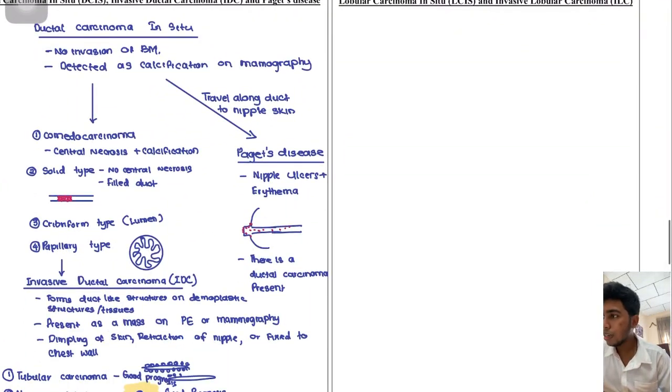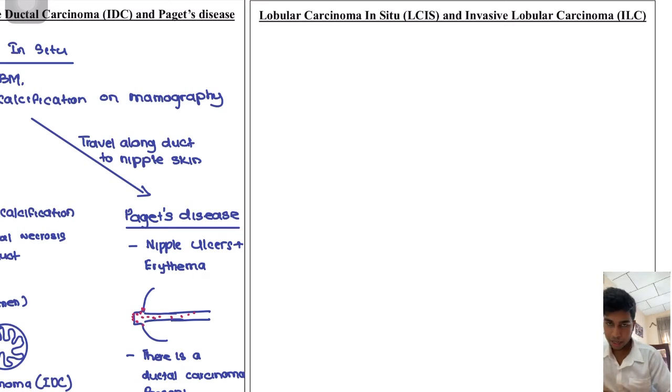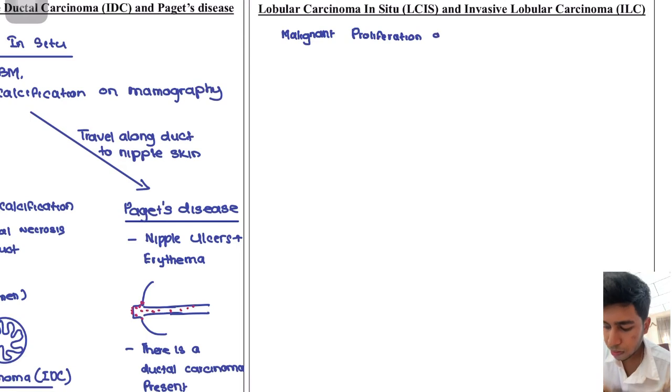Next, we have the lobular carcinomas: lobular carcinoma in situ and the invasive type. Now this is a malignant proliferation of cells in lobules, nothing to memorize.